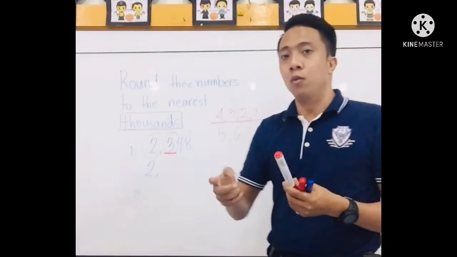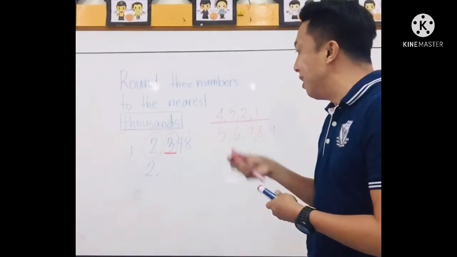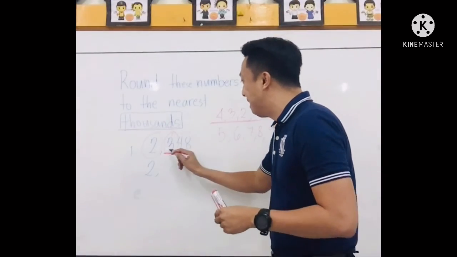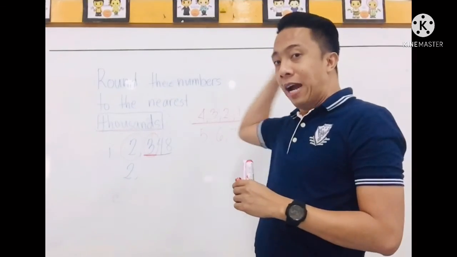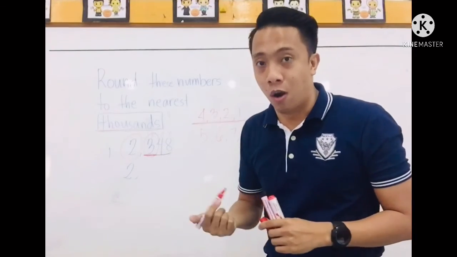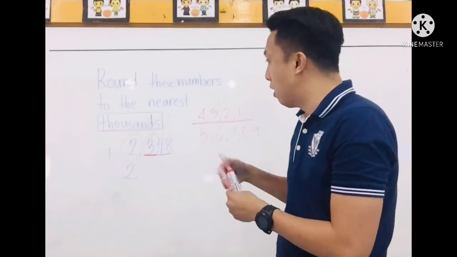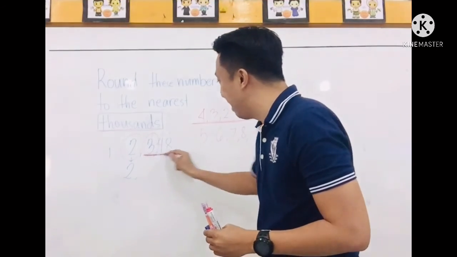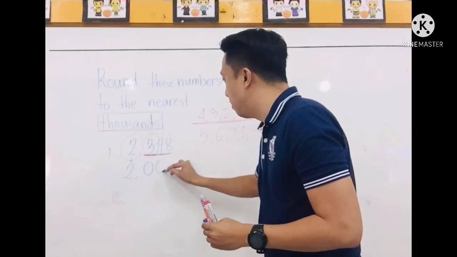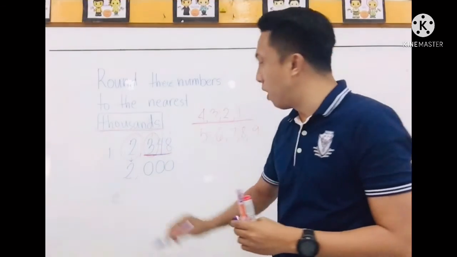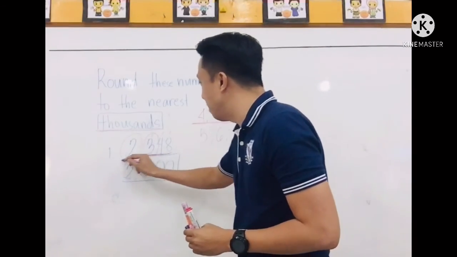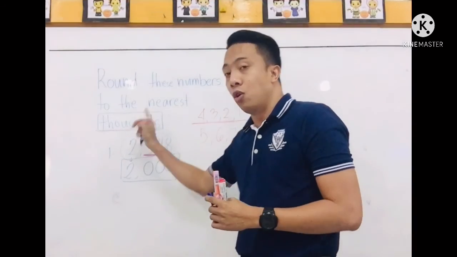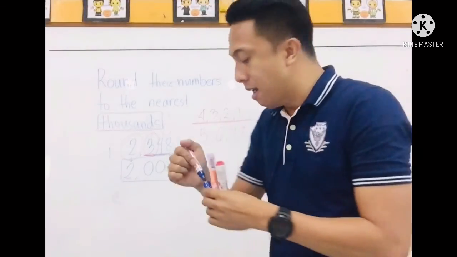After doing those reminders, you need to change the numbers on the right side into 0. So 2,000 is the number if you round off this number to the thousands place.